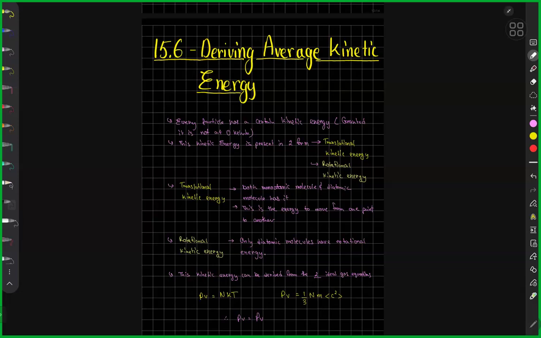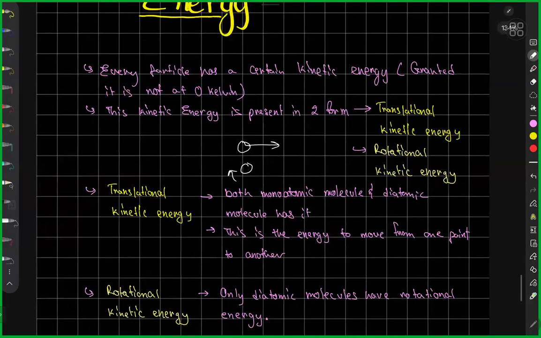So, except for that, all the particles have some amount of kinetic energy. And this kinetic energy presents itself in mainly two forms: translational kinetic energy, so moving from one place to another, and rotational kinetic energy, so rotating about one point. These are the two sorts of kinetic energy you can have, typically speaking.